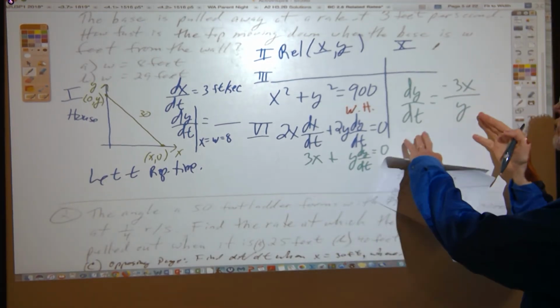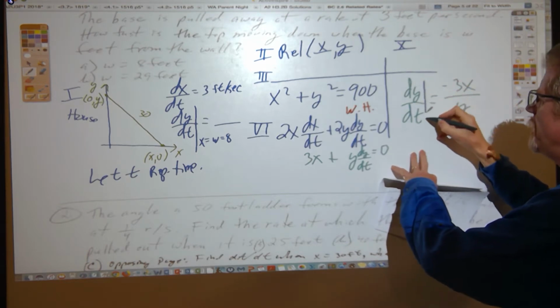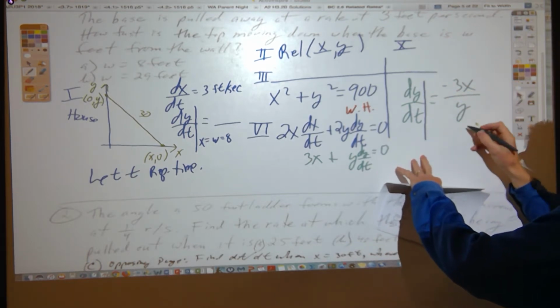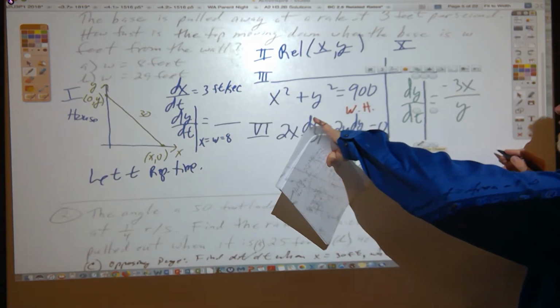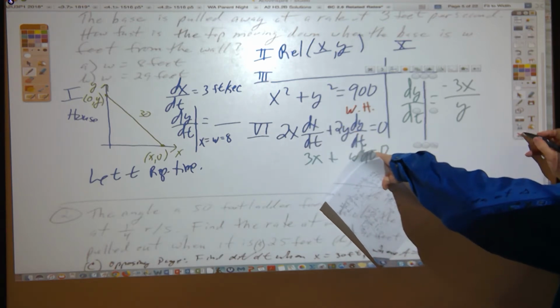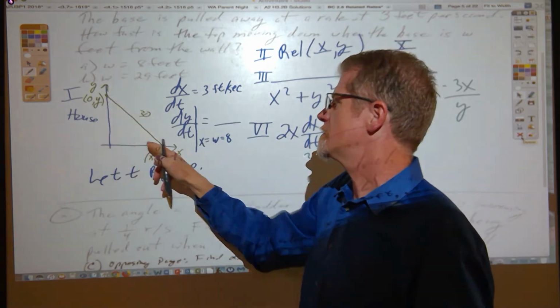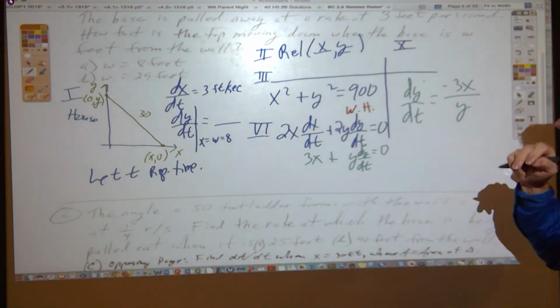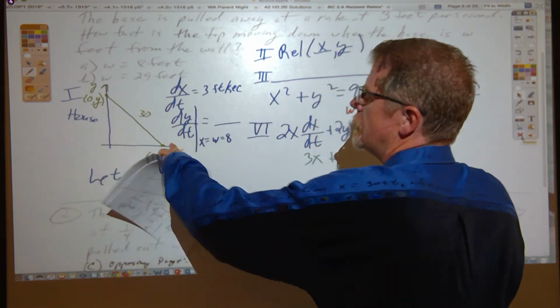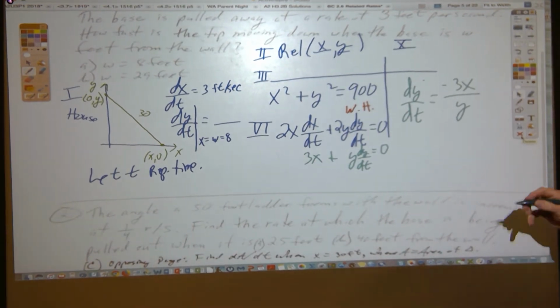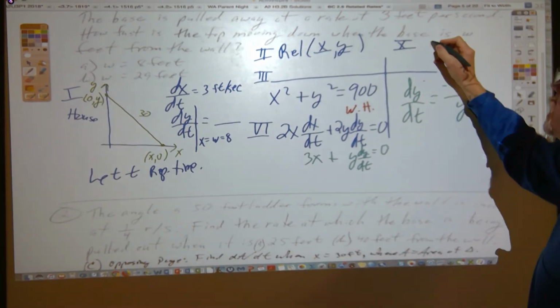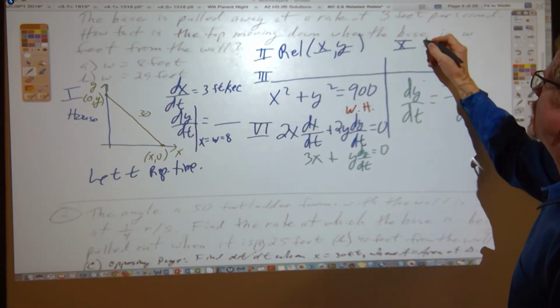If I want to evaluate this at x equals 8, I've got to figure out the Pythagorean relationship, a squared plus b squared equals c squared. What is the value of y when x is equal to 8?